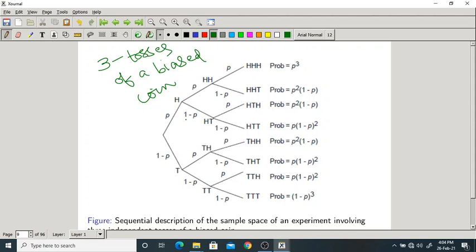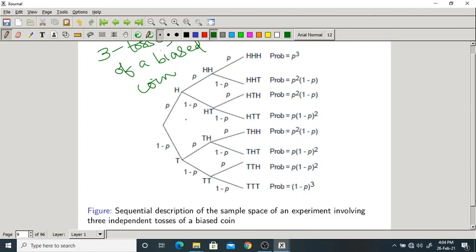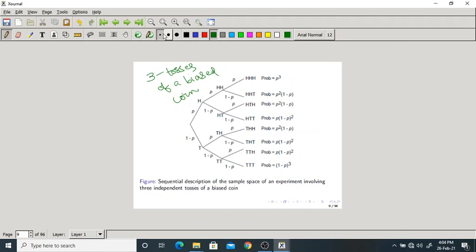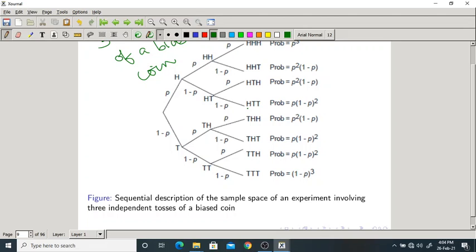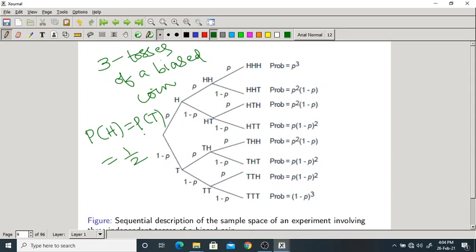Biased means what will happen? If it is a fair coin, the probability of head is the same as the probability of tail, equal to 1 by 2. That is the concept of a fair coin. But a biased coin means they don't have the same probabilities.